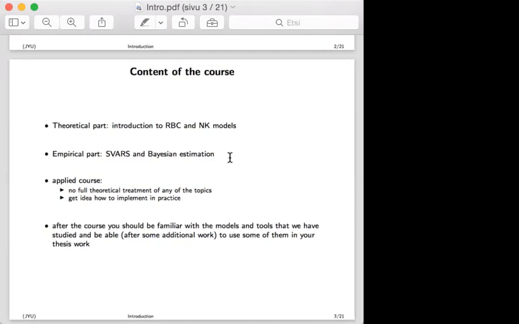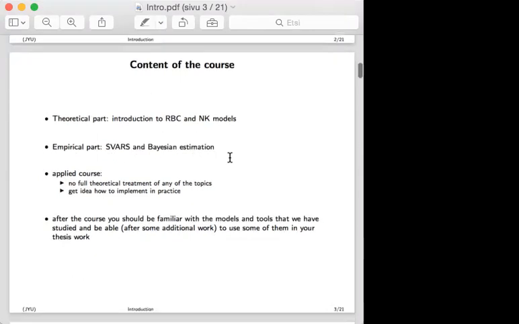After the course, you should have an idea first of what these models are and an understanding of their pros and cons, and then be able to read recent research literature where these models are used. And then after some additional work, even use some of them in your own master thesis work.